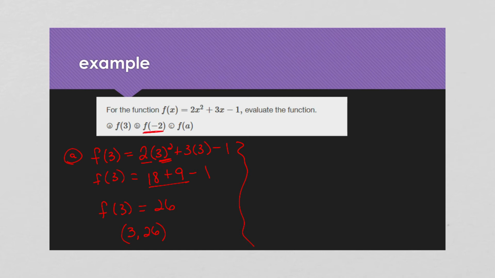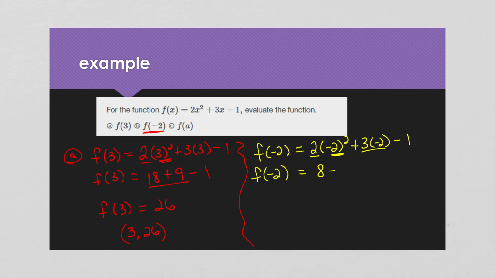Let's try it with f of negative 2. So we're going to do this in a different color. F of negative 2 is equal to 2 times negative 2 squared plus 3 times negative 2 minus 1. So I would do this first. Again, keep writing your f of negative 2 on the left-hand side. So I've got positive 4 times 2, which is 8.